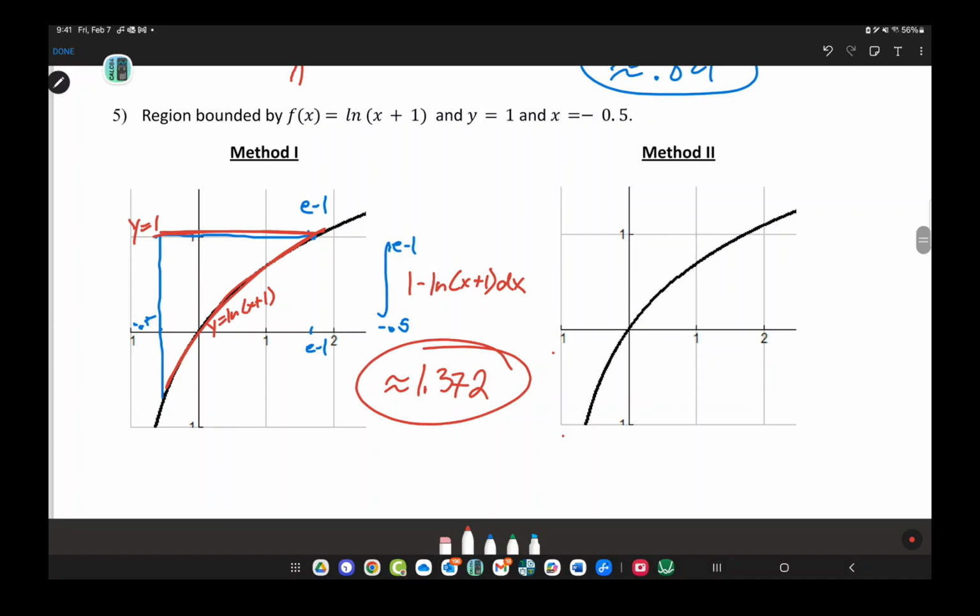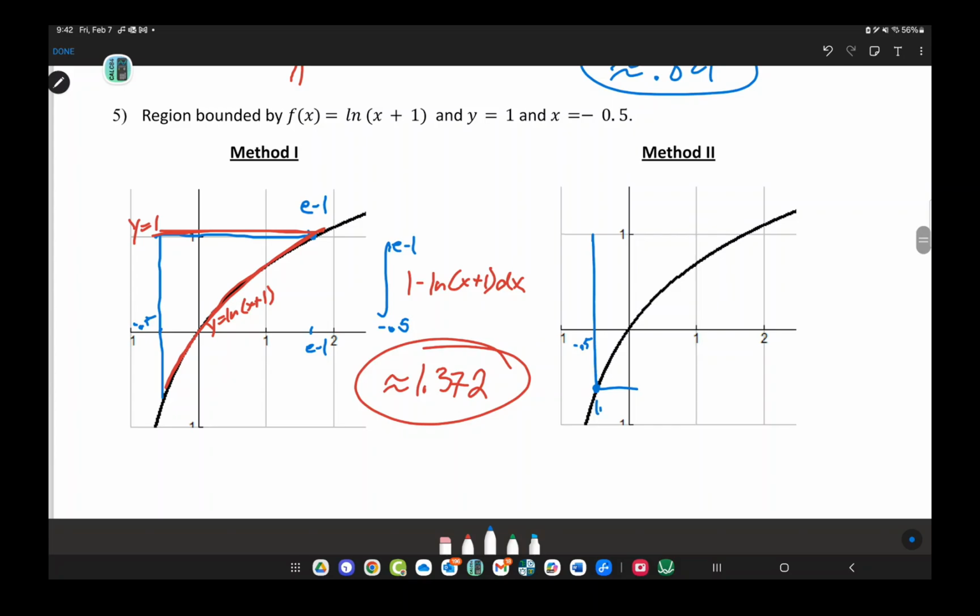Now, what do you think method 2 is going to be? Yes, but the function in terms of y. It doesn't quite help us that much in this case, does it? No. It kind of does though, because we do have an x value here. We know this is negative 0.5, so what is the y value here?